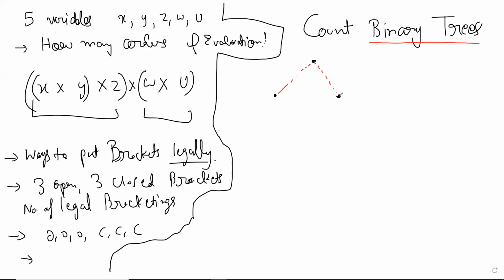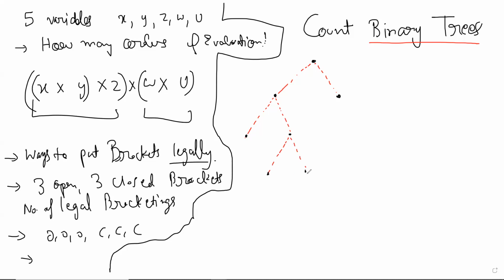So everything, if it's divisible, it divides into two things. Okay, and then it goes on. Let's say this has a left and a right child, and then let's say this has a left and a right child.